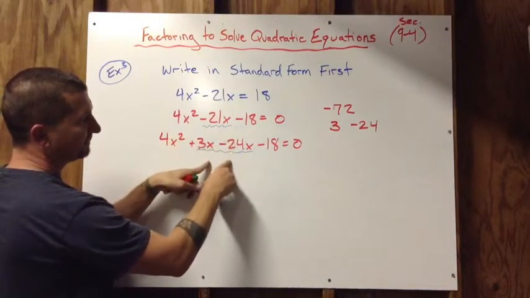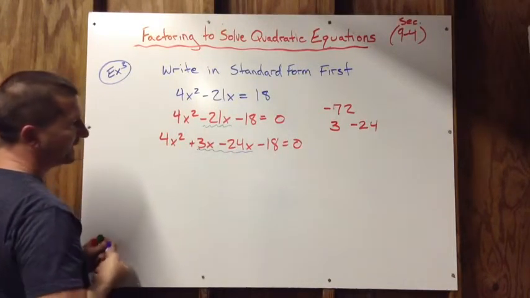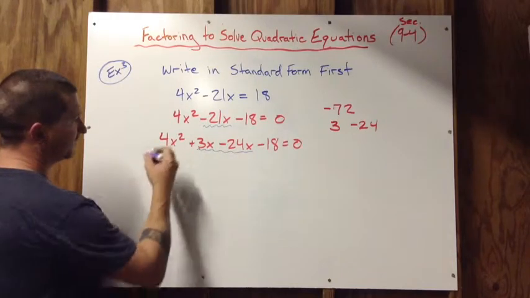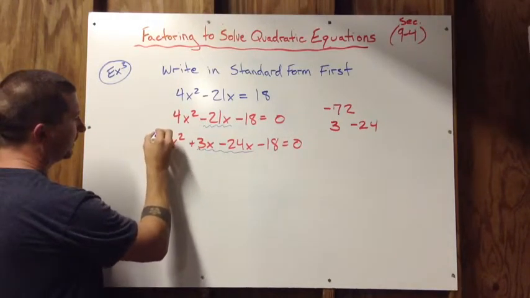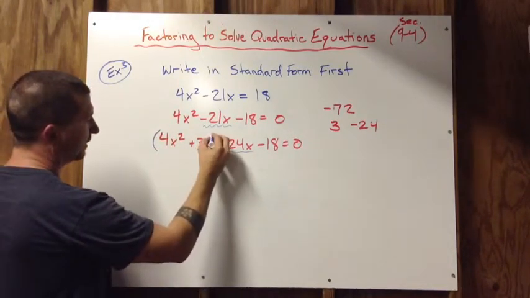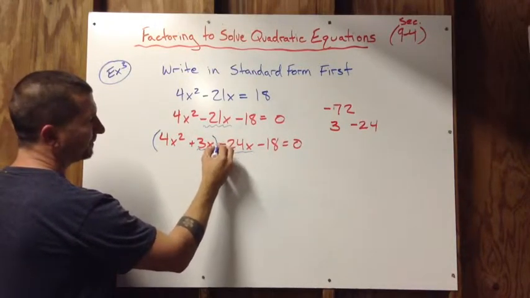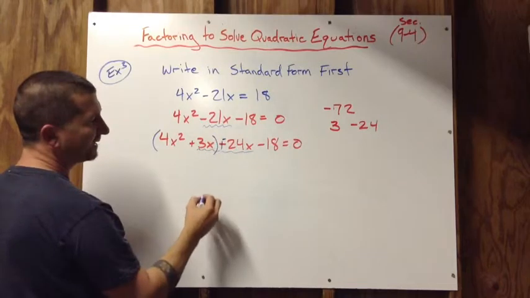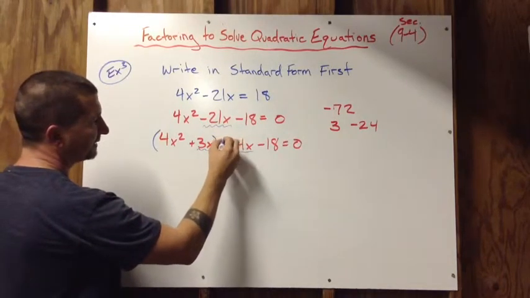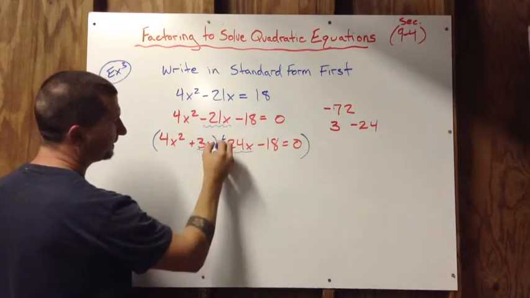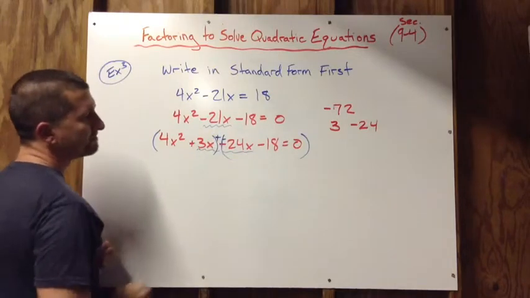These two are the same. Okay, now we can group. We'll change this here to plus negative 24x. We'll group that with a plus sign here.